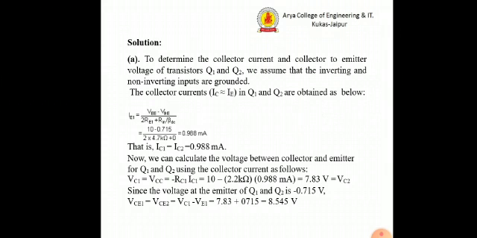It is given by our equation VC1, and thus we find the values of VC1 and VC2. Similarly, VCE1 equals VCE2 equals VC1 minus VE1, which equals 8.545 volt.